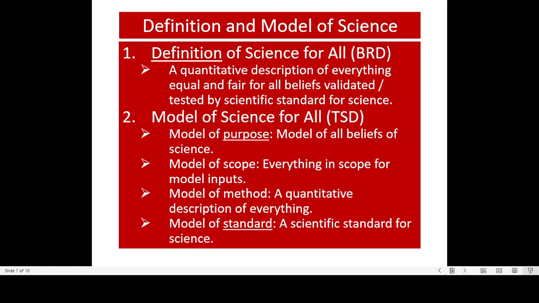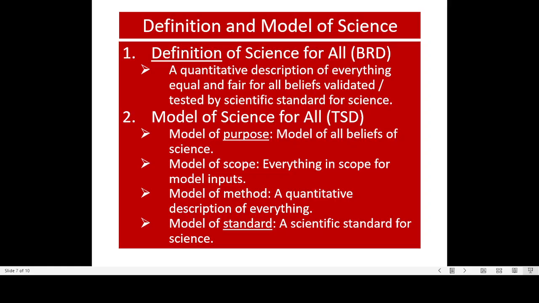Now, this is very important because even though it's a very short description, you can see all the requirements: quantitative method captured, scope of everything captured, purpose for all captured, and scientific standard captured. So this definition will allow you to check and tell what is science, what is not science. That's the difference. So objective.